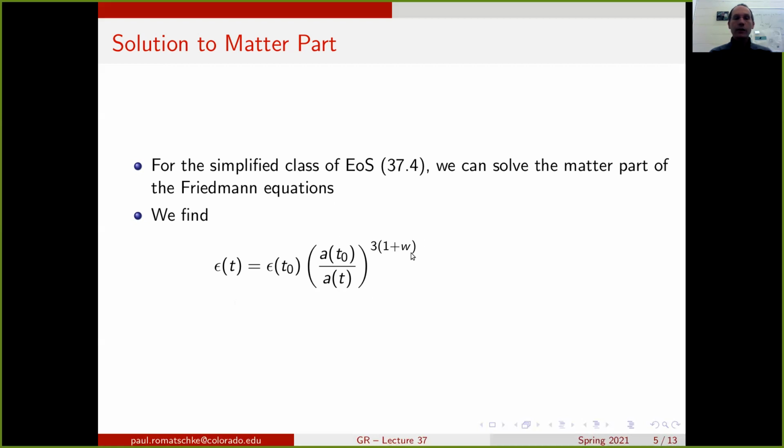To simplify the writing, we denote all quantities evaluated at time t0 with a subscript naught. So epsilon of t0 is epsilon naught, and a of t0 is a naught.